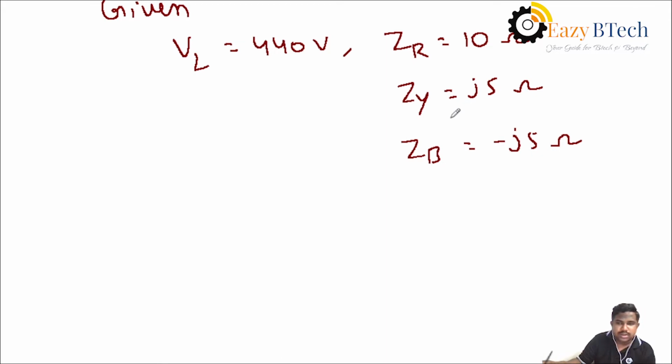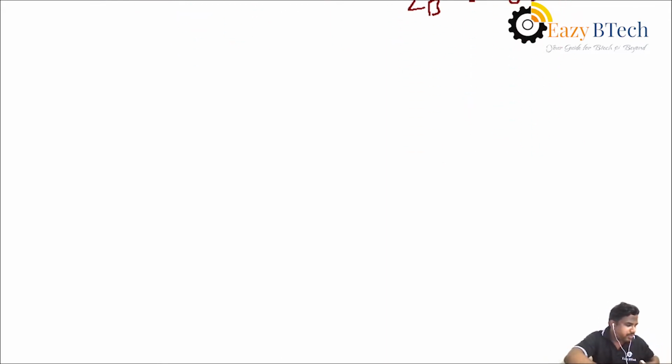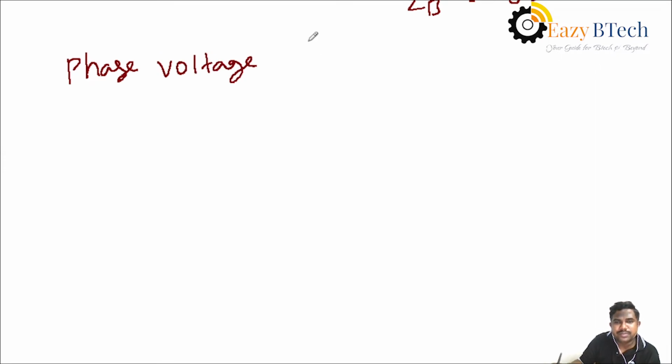Then, for the given star connected load, first of all we have to find the phase voltage. We know in a star connection, the relation between phase voltage and line voltage is VL equal to root 3 VPH.